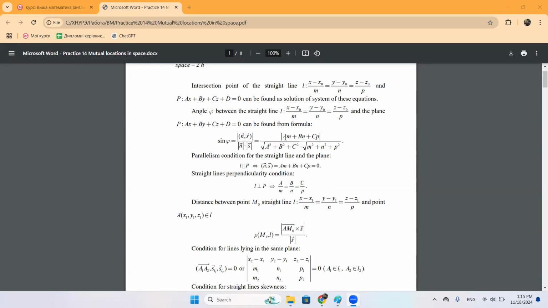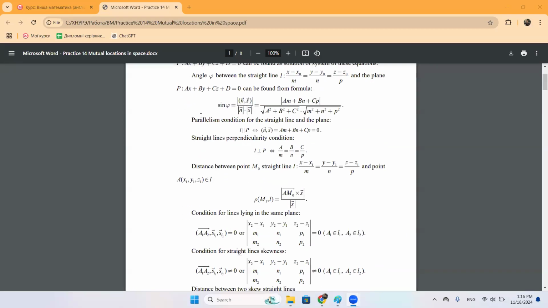We divide the magnitude of the scalar product of the normal vector and the direction vector by the product of their magnitudes. Parallelism condition for the straight line and the plane, be careful.